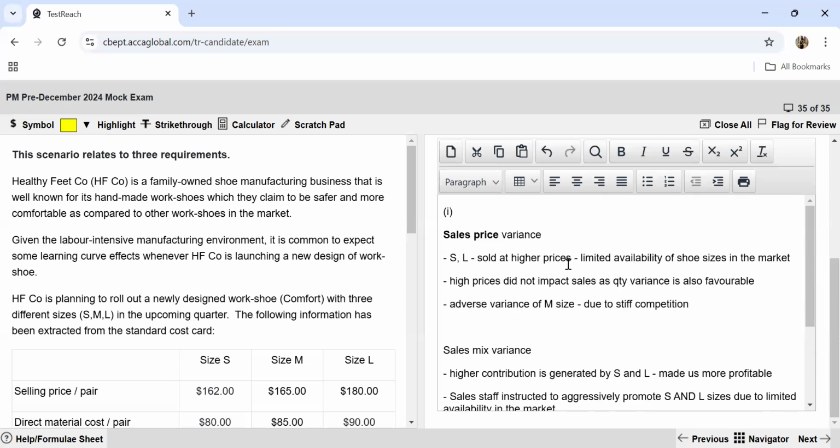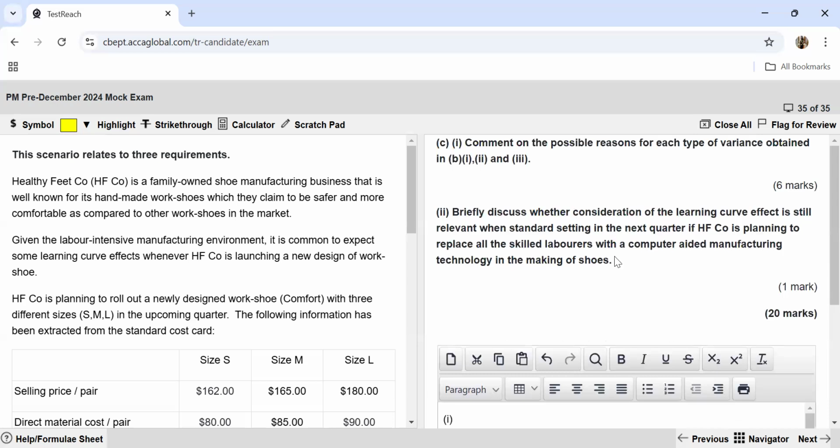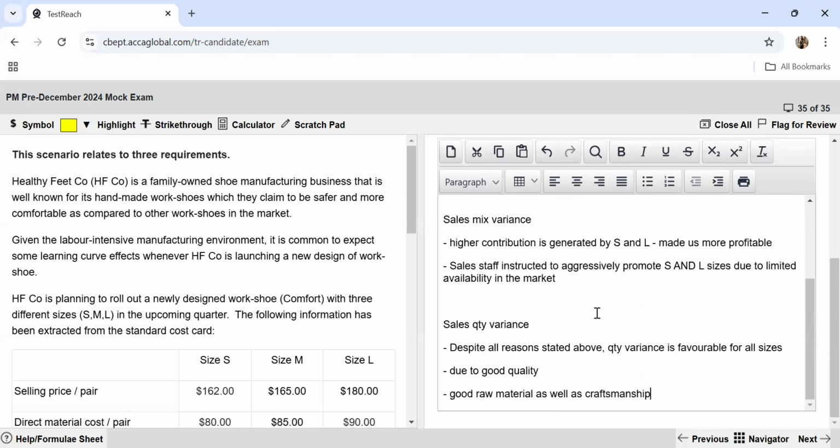Now heading towards the second part of this requirement and the last part of that, where you have to discuss if learning curve effect will be relevant if they are replacing the skilled labors with computer aided manufacturing technology. So we write further about this. See, the learning curve effect usually applies.